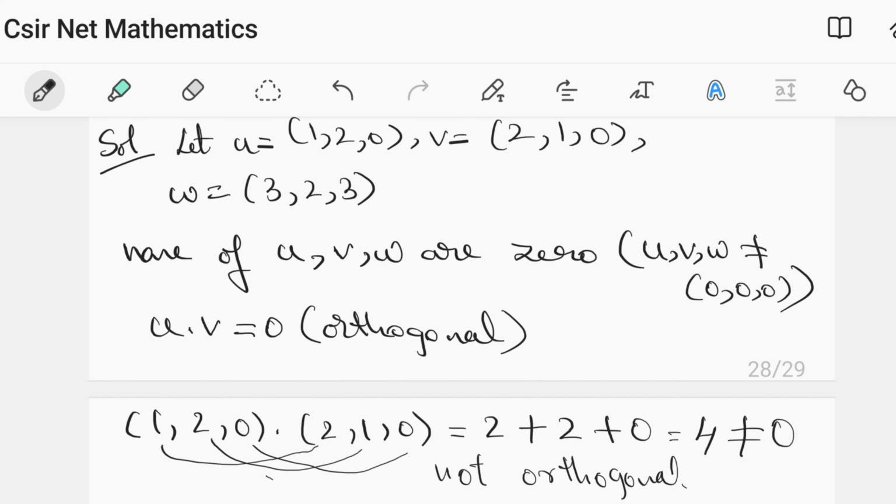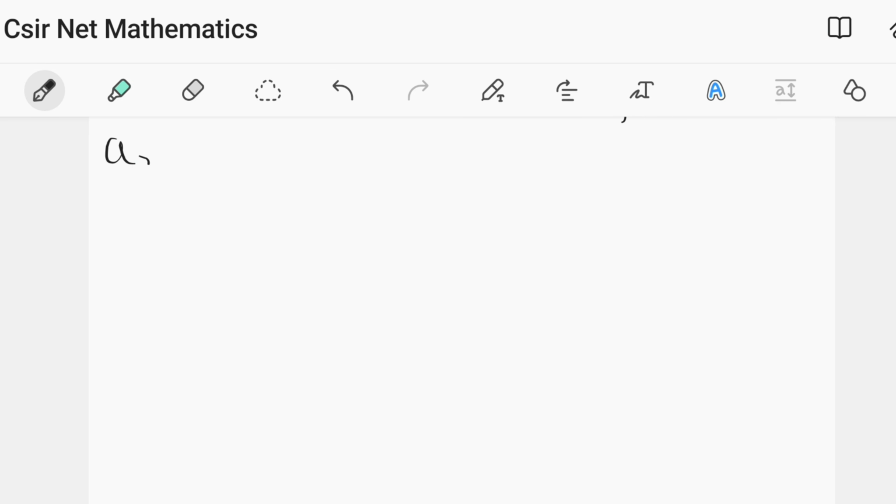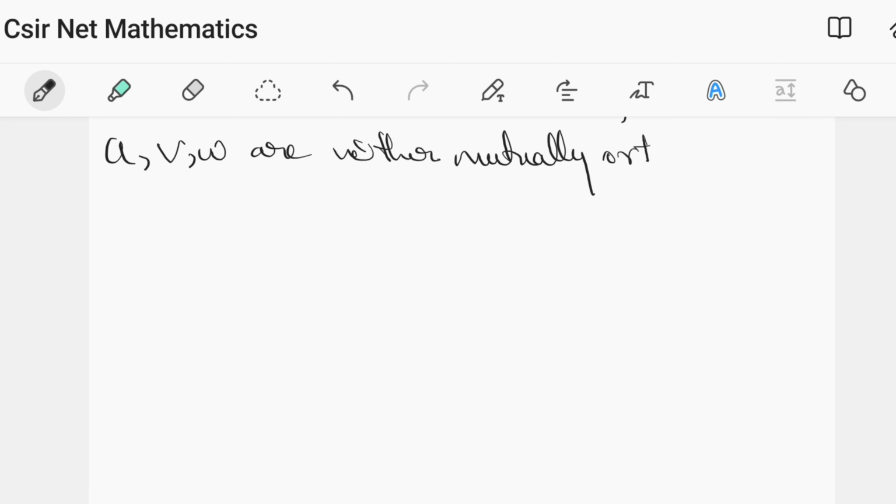Hence we can say that U, V, W are neither mutually orthogonal nor pairwise orthogonal.